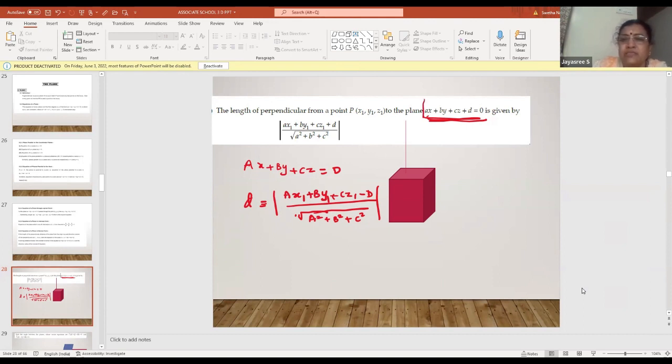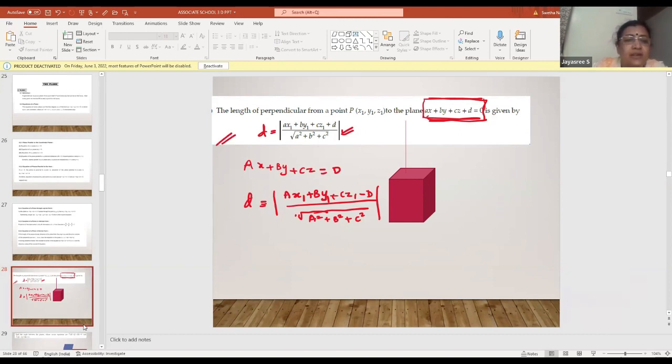So we should give the general format as plus d and ask the children to follow it: always make the right-hand side 0 and keep the constant on the left-hand side, using this formula, so we have a standard pattern for all the children. Otherwise, children will get confused while referring to the reference book, the reader, and what we are doing. This is one particular thing we need to take care of while teaching this.